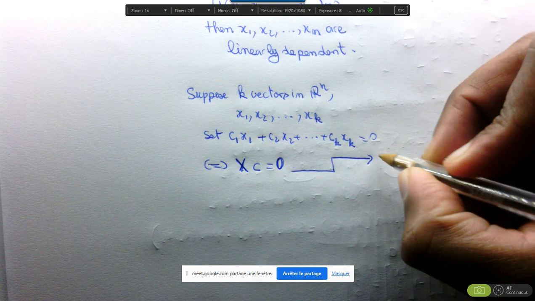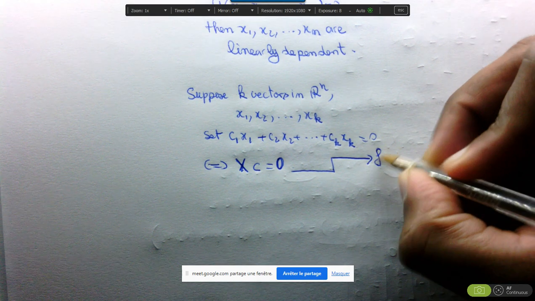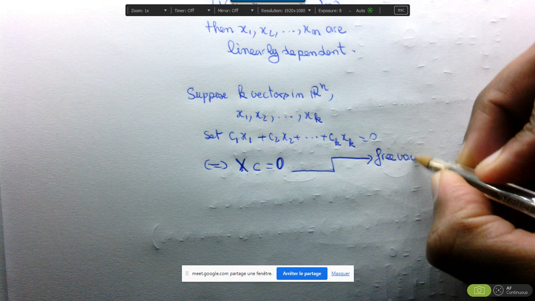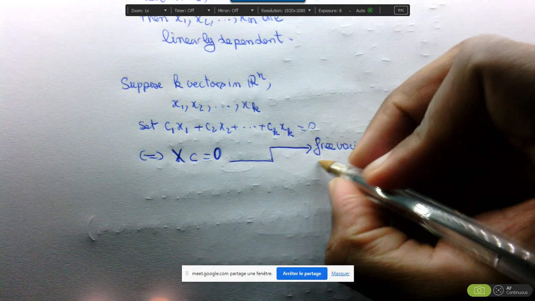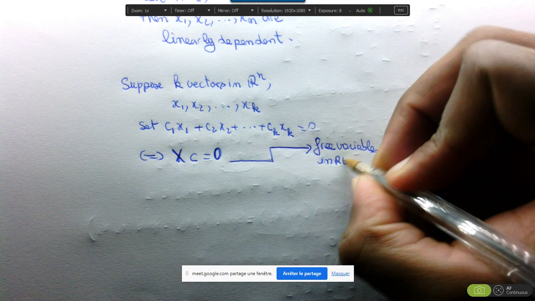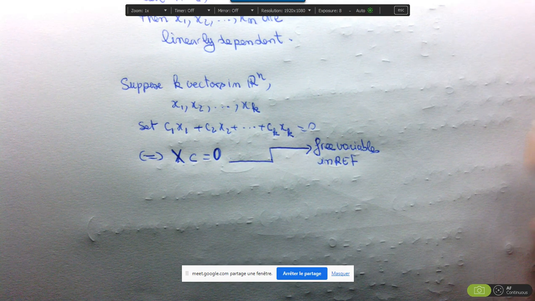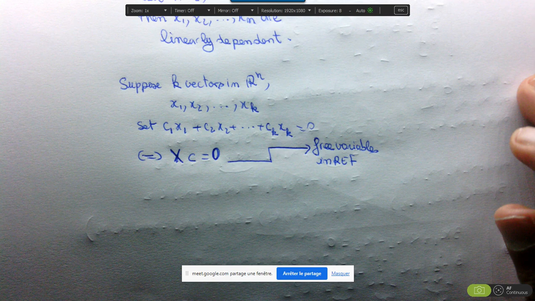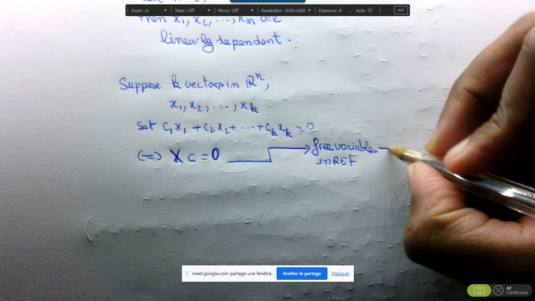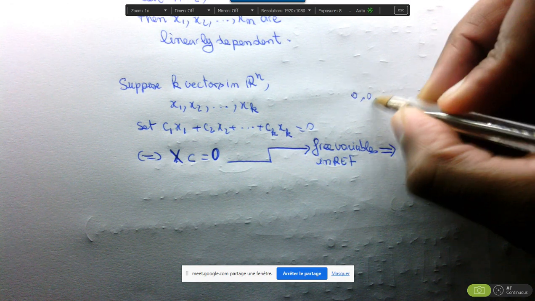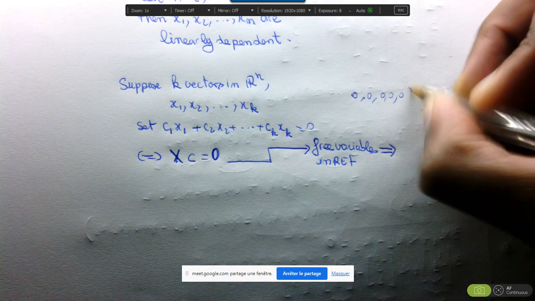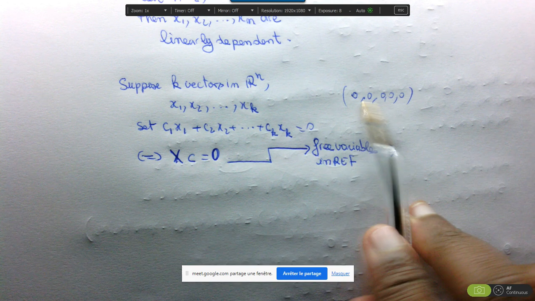In row echelon form, if we have three variables, that means we have a non-trivial solution. The trivial solution is the solution 0, 0, 0.